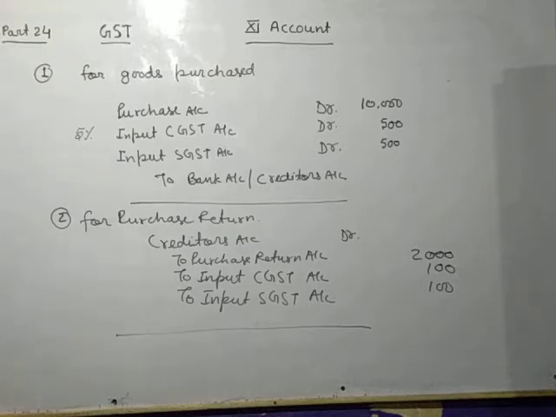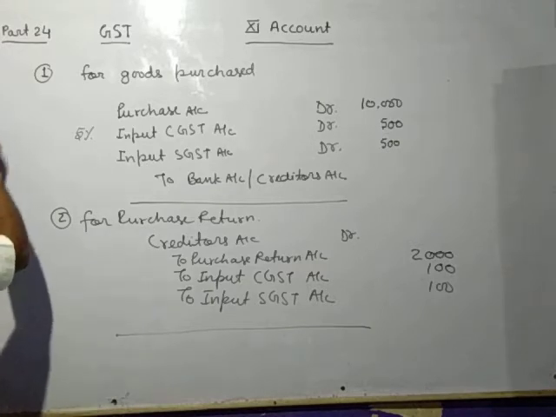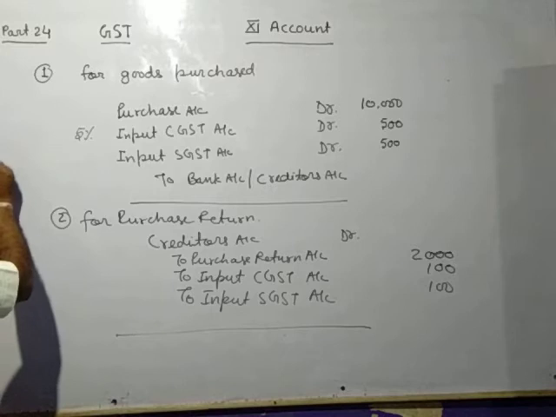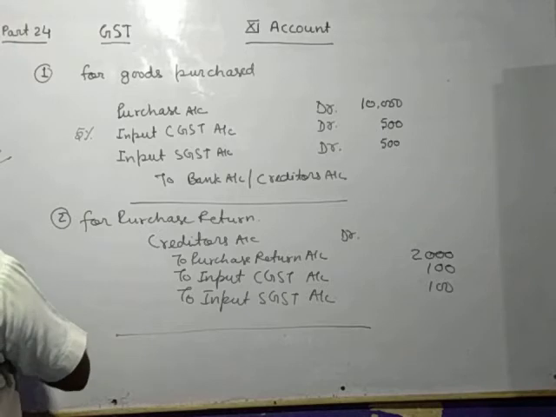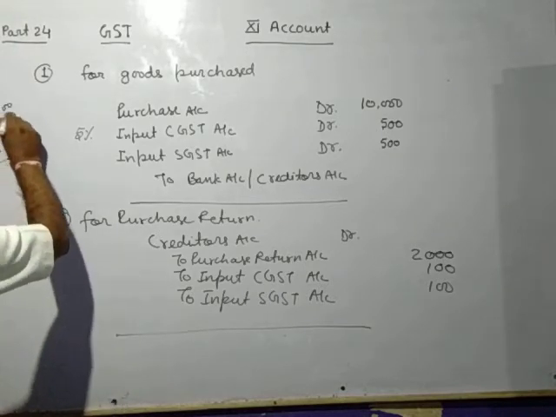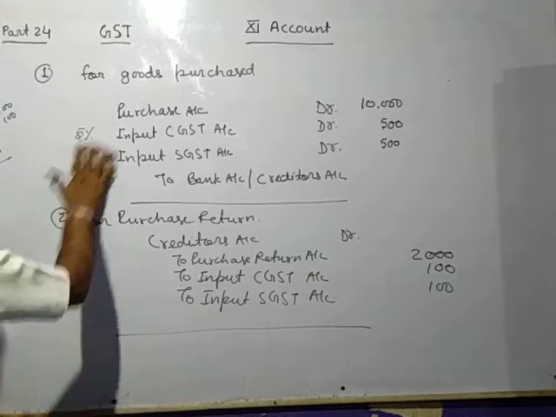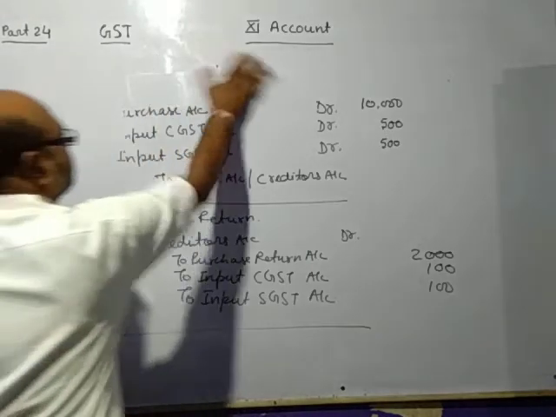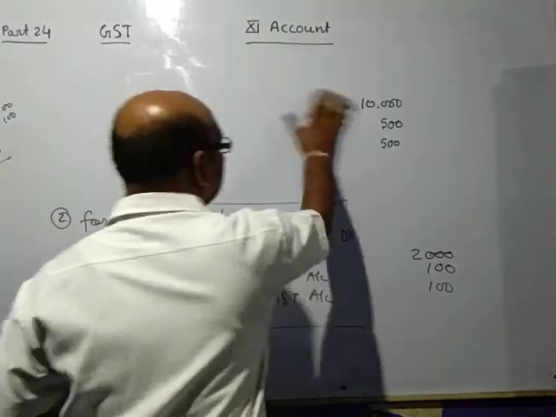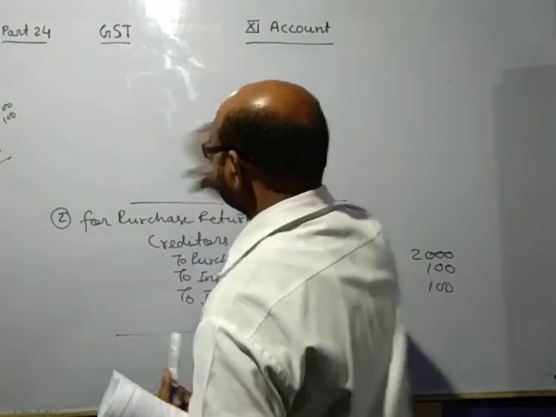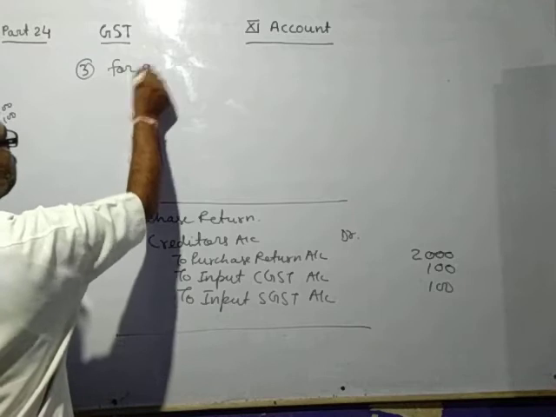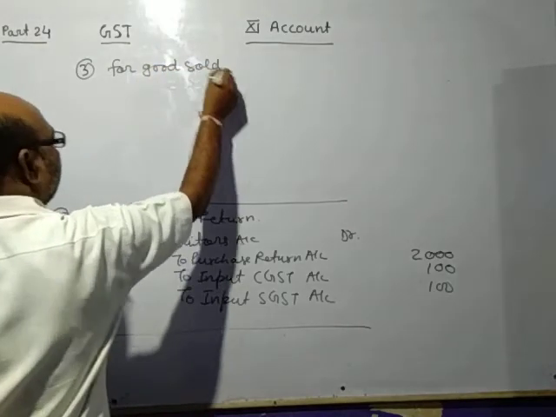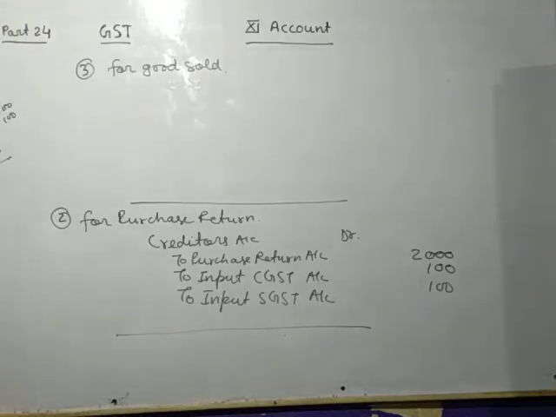Now, for goods sold, suppose you have purchased goods of 10,000 and 2,000 of goods you have returned.